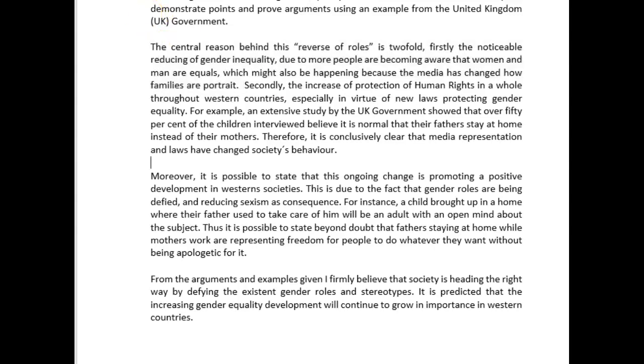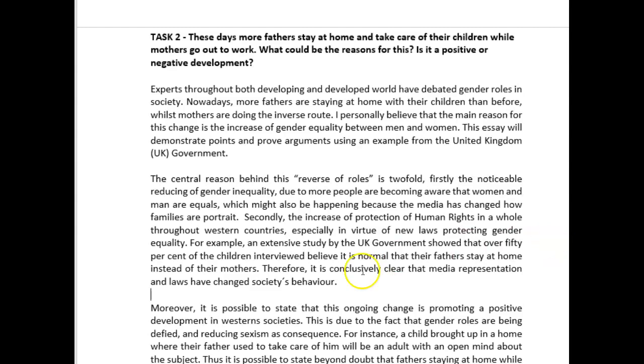What we need to do is we need to take a look and see how on topic this was. The question is what are the reasons for fathers staying home while their mothers work? So you basically told us there's a reversal of roles, and you said that men and women are equal and that media is playing a role.